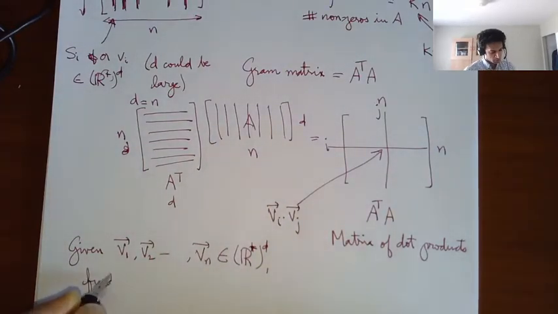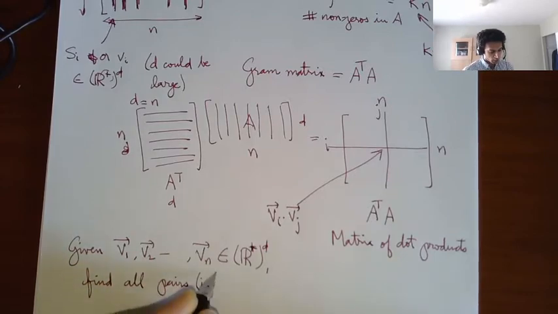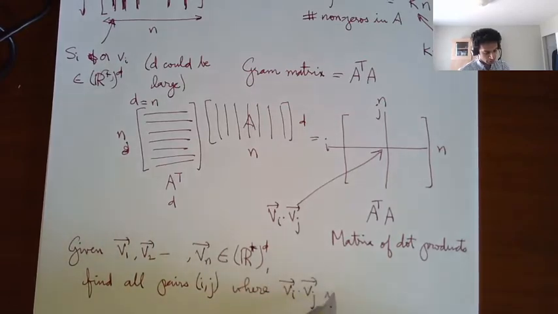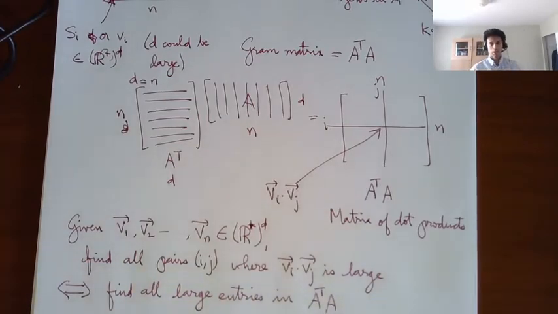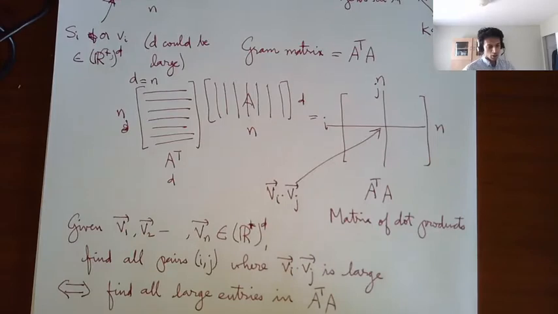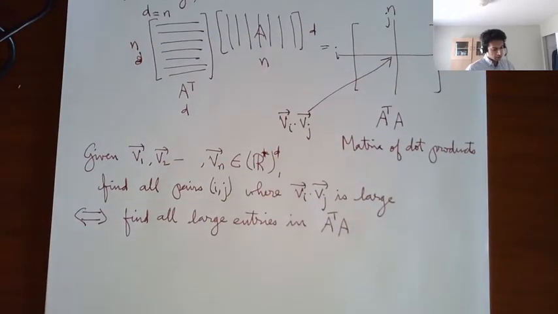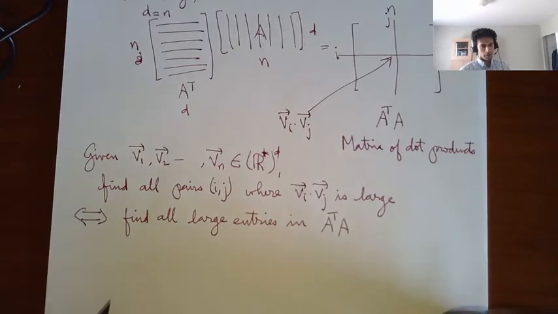I said the problem was to find all pairs i, j where v_i dot v_j is large, which is equivalent to saying find all large entries in the Gramian matrix of dot products. So far, of course, there are no randomized algorithms.